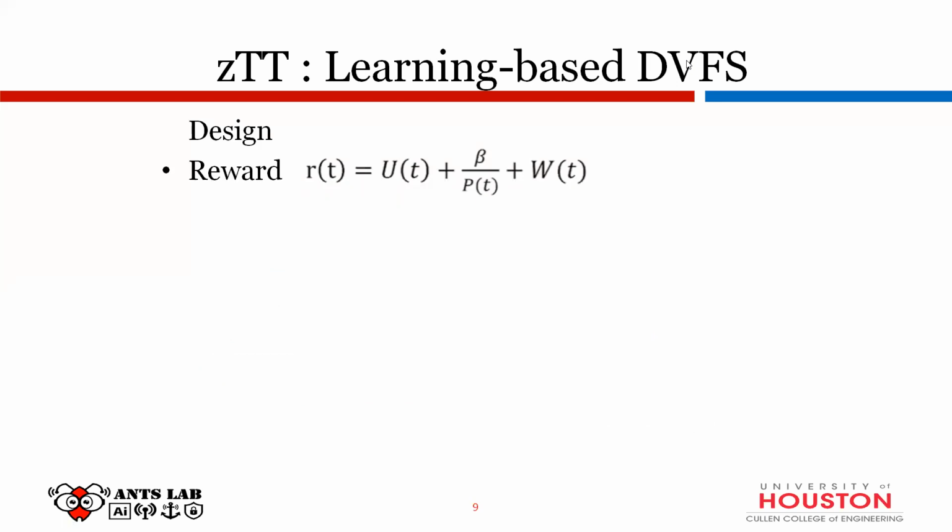So here's the design. We first have a reward R_t, equal to the equation on the right. And I will be telling you about those different parameters. So first one is U_t, the utility function, and most of it represents the user quality of experience, which we will define later in the slides.